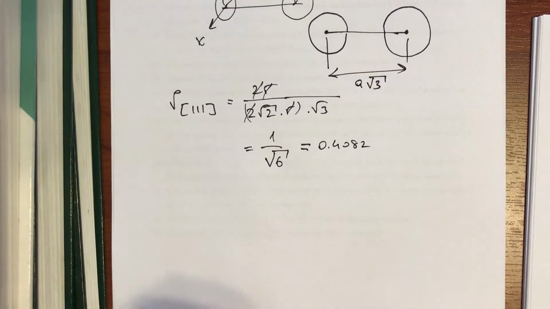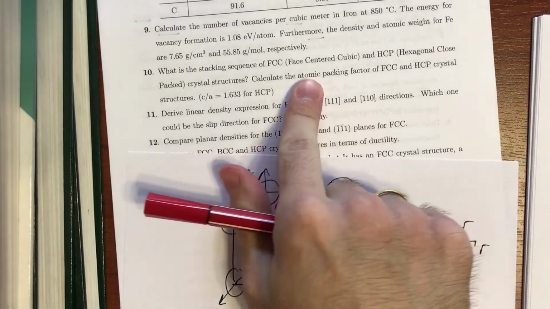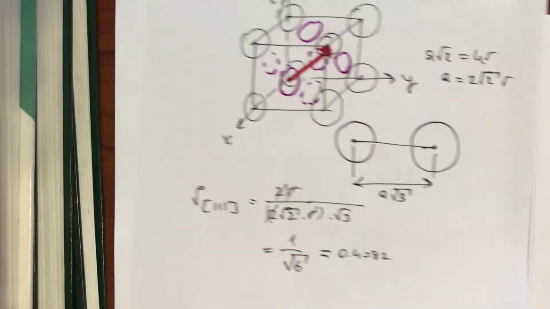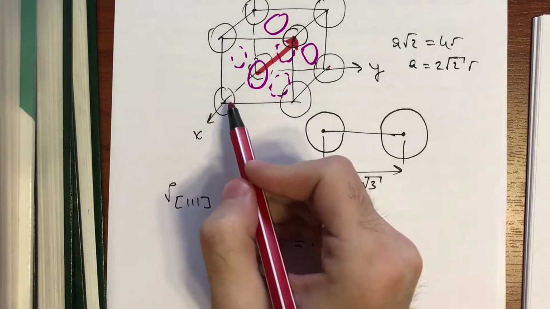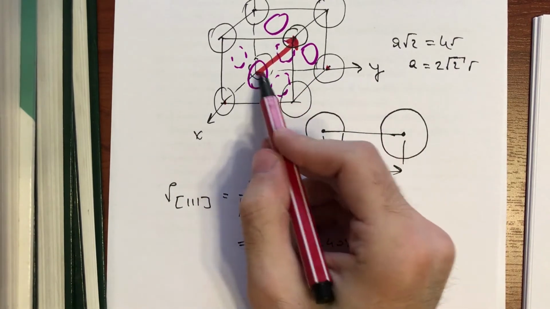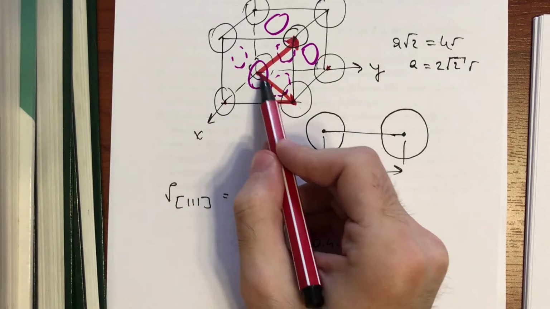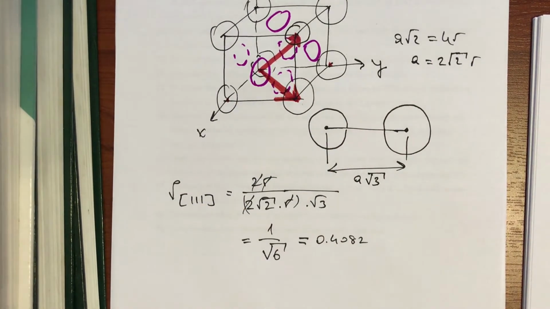Let's calculate the second linear density, which was 110 direction. So 1, 1, 0. It's going to be this at the bottom plane.